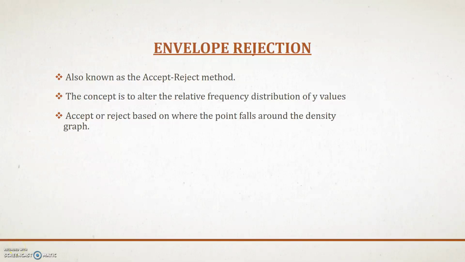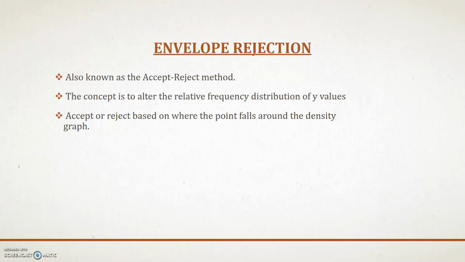Next we're going to look at envelope rejection, which is also known as the accept-reject method. The main idea with this method is to alter the relative frequency distribution of y values using a probabilistic rejection step, such that the accepted y values have precisely the required distribution f.